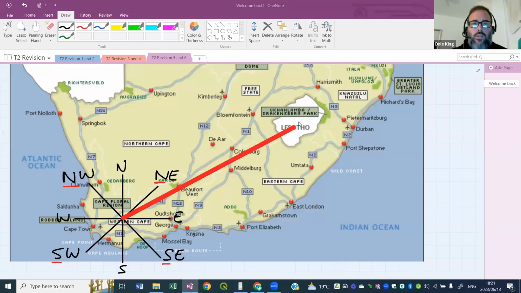Neo. Check your screen there, Neo. You should see a little icon there to say unmute. You just click on that and you should be able to unmute. There we go. How are you? You okay then, yeah?